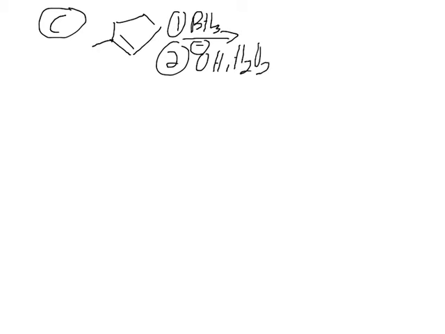So let's see. The first step here is we've got to draw boron, having that empty p orbital, being sp2 hybridized. First step, what's my electrophile? What's my nucleophile? The nucleophile is the pi bond up here. It's going to attack that empty p orbital, and at the same time, in one step, one of the H's on the boron is going to attack.